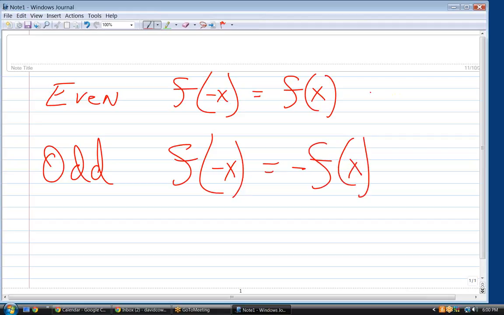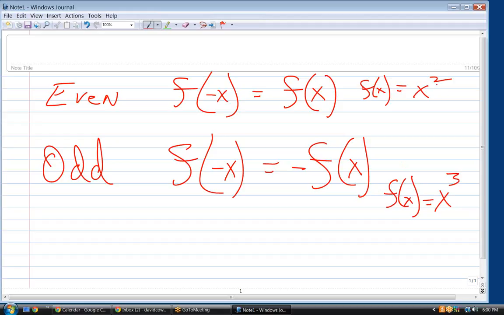And an example would be y equal x squared, or maybe I should say f of x equals x squared. And an example of this one would be f of x equals x cubed.